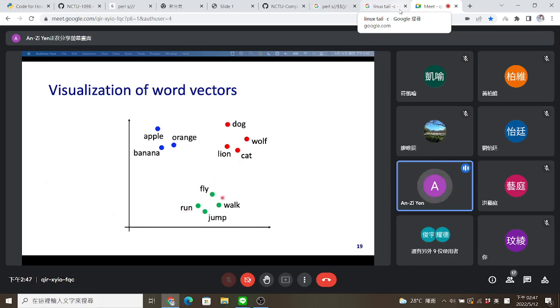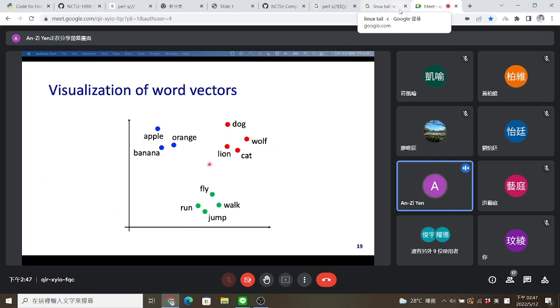Because in our two-dimensional space, they appear to be a cluster with the related words. So we can even find other relationships among our words that we didn't expect, like this is much more abstract, and these words are much more concrete.